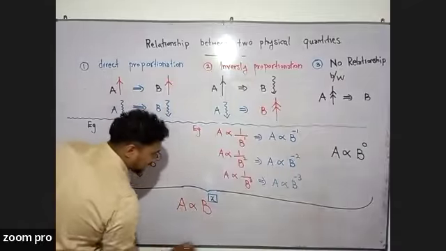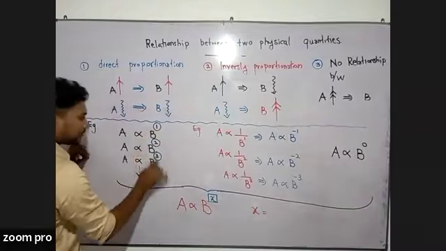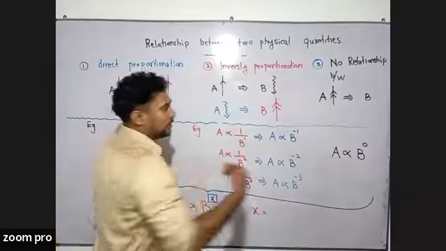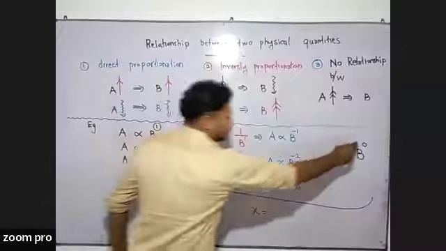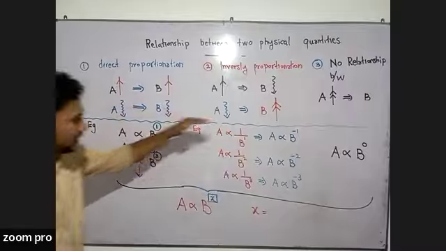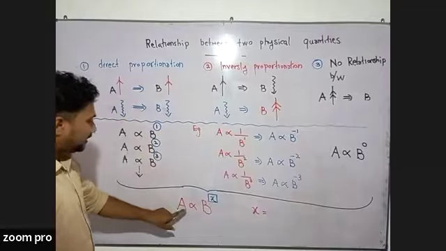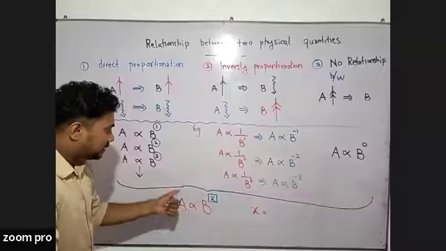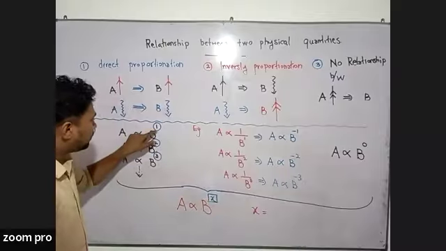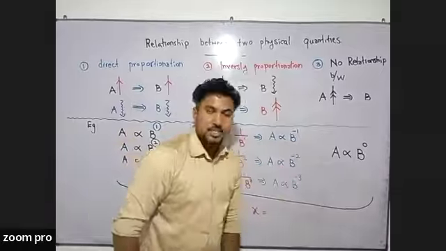So this x can be a positive value, 1, 2, 3, likewise, and this x can be negative values, and also this power can be 0. If you go through these examples, you can figure out that if I represent this proportion generally as a proportional to b to the power of x, then x can be positive values, negative values, or 0.